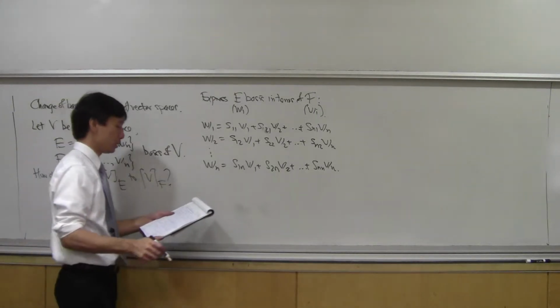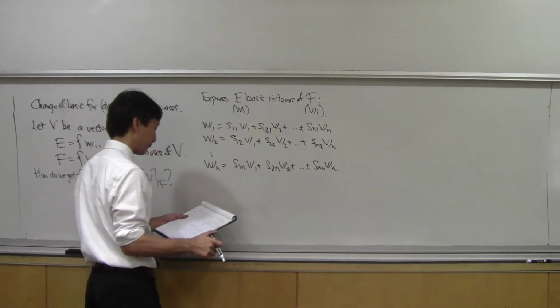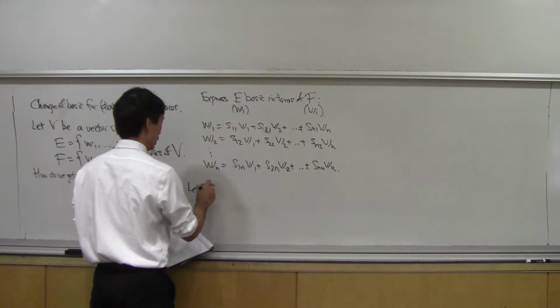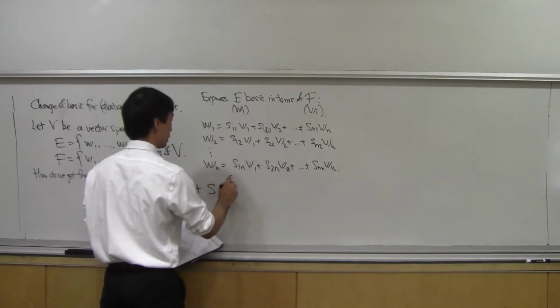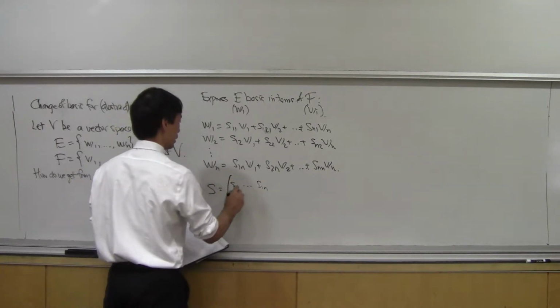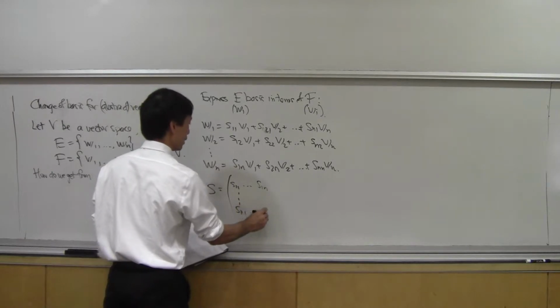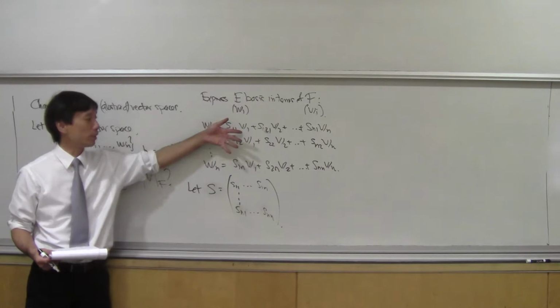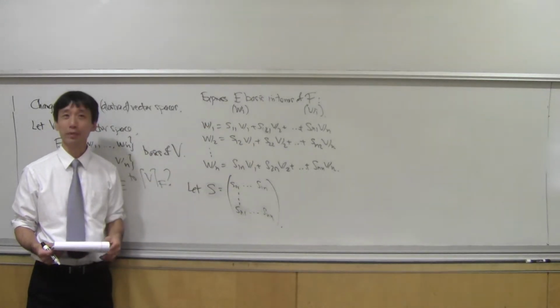Okay, so let S be just what you expect, s11 through s1n, and then let S be the transpose of that. Take these coefficients, transpose them, make a matrix out of it.